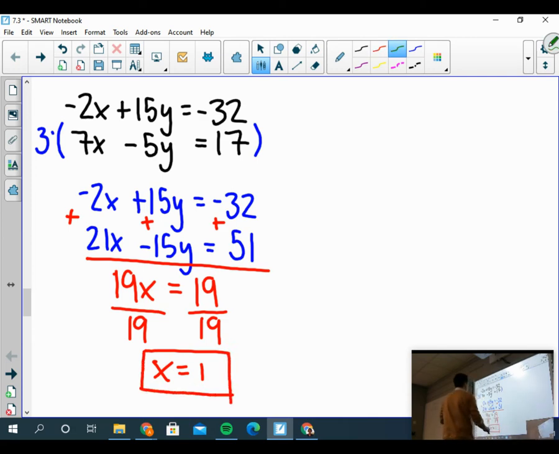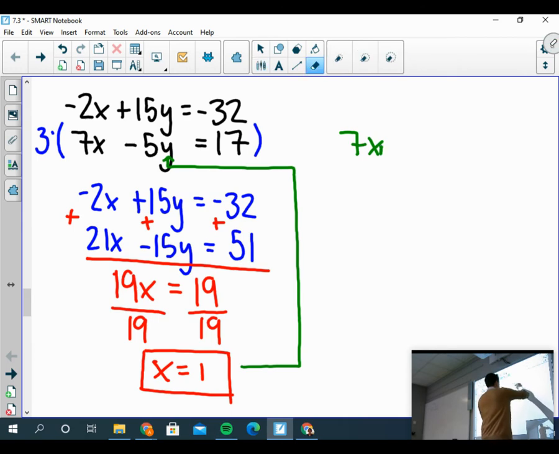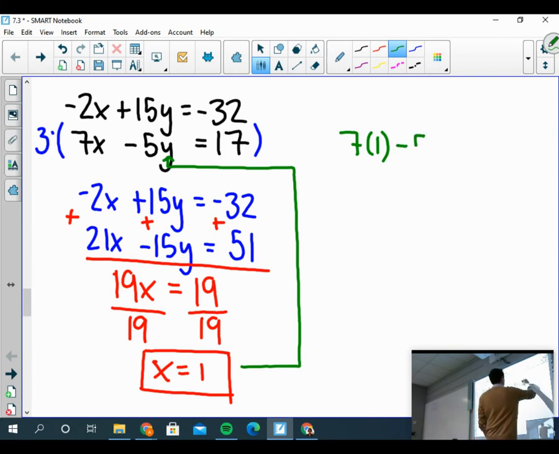What I need to do is figure out what my y variable will be. So I plug that back into one of my original equations.